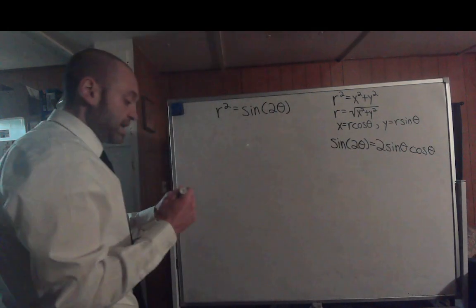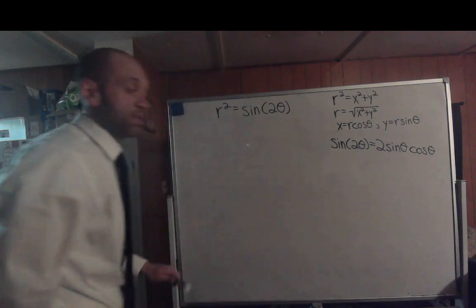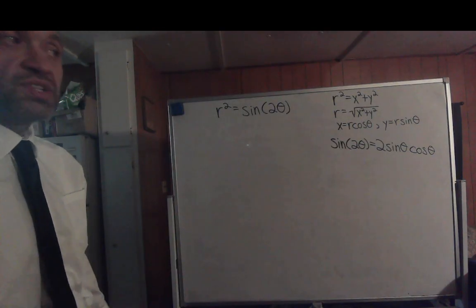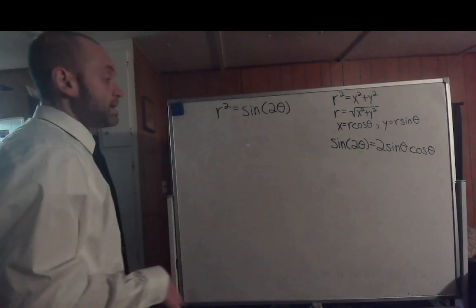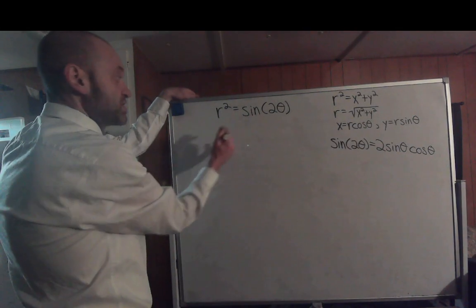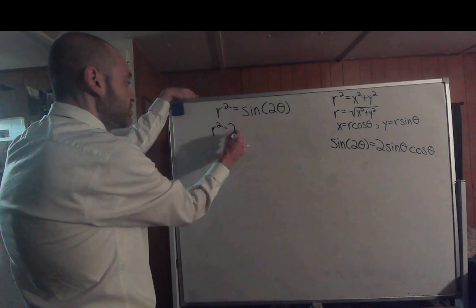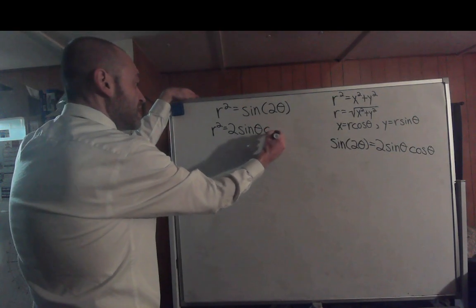That's why trig identities, especially your double angle formulas, are very important, especially knowing the sine of 2 theta and the cosine of 2 theta. Okay, so we've got the double angle formula. Let's input that where sine of 2 theta is. So you'll get r squared equals 2 times the sine of theta cosine of theta.